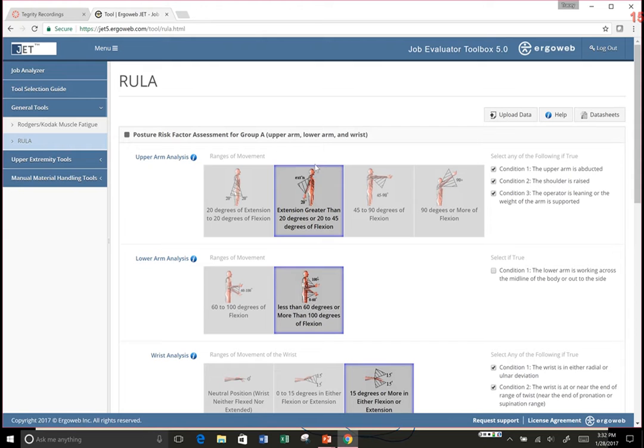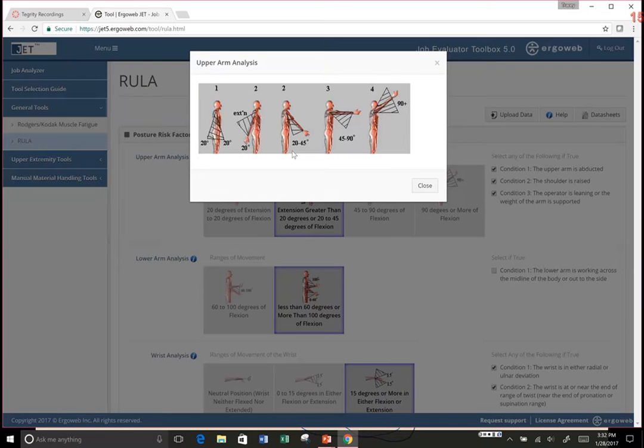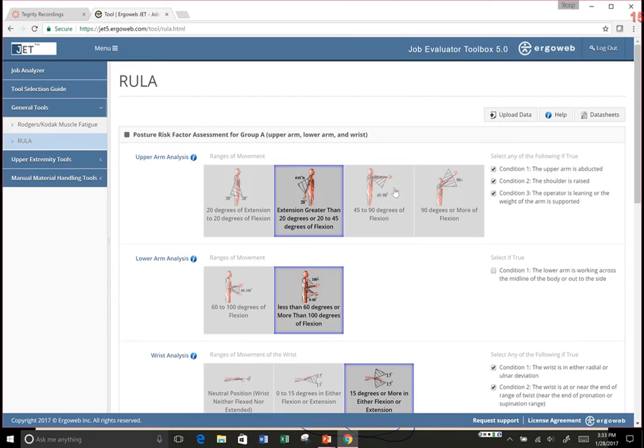I think they have an error here. I'll give you the same point value, but they don't show you the flexion. They've just told you in the text down below it. They're actually combining this and this in the text, although the picture doesn't do a good job of that. So be careful with that.